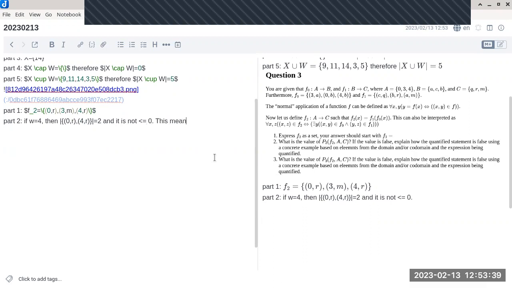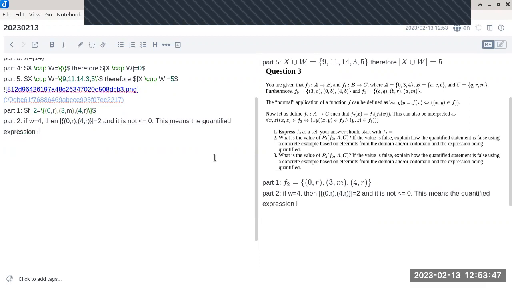So this means the quantified expression in P2 is false. Oh, 1, that's right. Thank you. Because 2 cannot be less than or equal to 0, well, except for 0 itself. But you're right, the correct answer is 1.